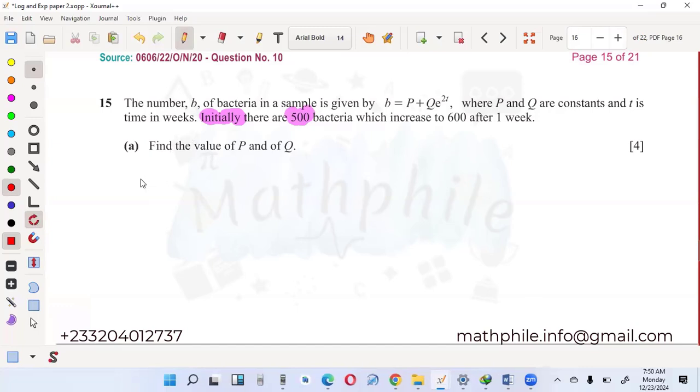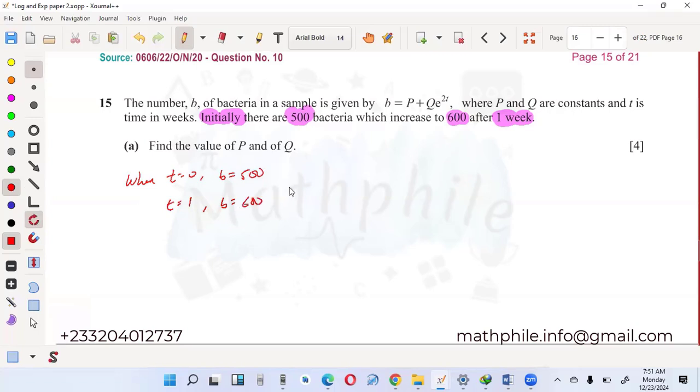Beginning, start, zero. So when t is equal to zero, the bacteria is 500. That's the first condition. The next condition gives you 600, 1 week. So when t is equal to 1, b is equal to 600.